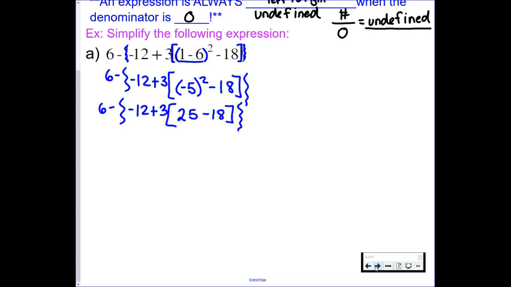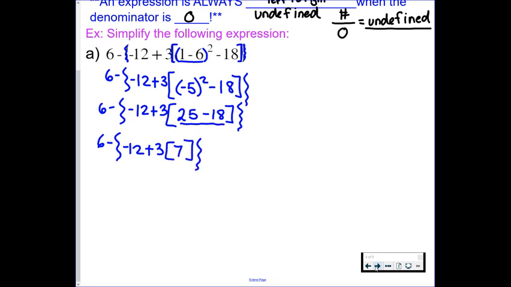And your brackets and your curly bracket at the end. Now, we're going to keep simplifying the innermost parentheses, which is the 25 minus 18. 25 minus 18 is 7.